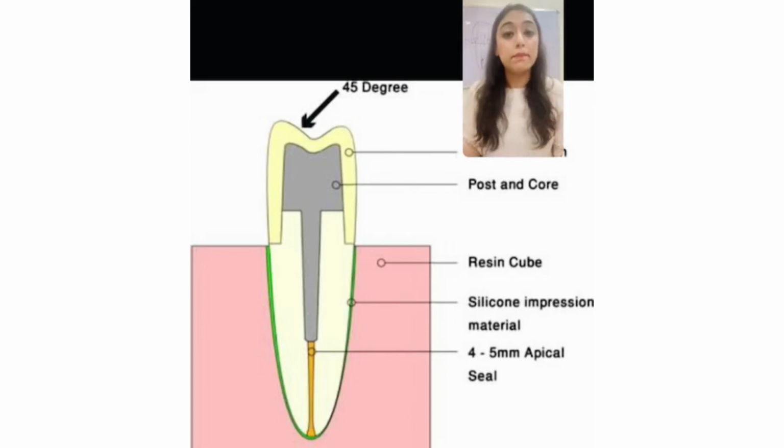Ferrule effect is nothing but the hugging or the bracing effect of the margins of the crown that you have created 2 millimeters below the ferrule, which is going to brace this entire assembly or hug this assembly and keep it intact.